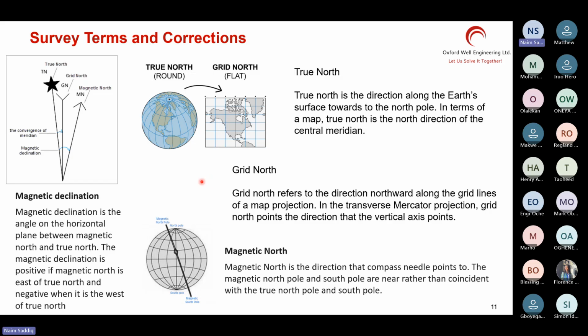With an MWD tool, you cannot use the survey directly, especially for azimuth. Inclination, yes, you can. But azimuth, you cannot just use whatever the LWD is telling you, because you need to apply certain corrections depending upon where you are. These numbers are not fixed. In different areas, there are different corrections.